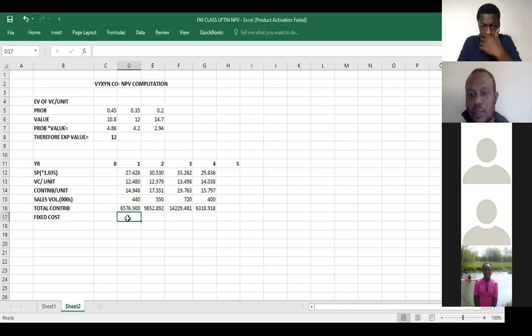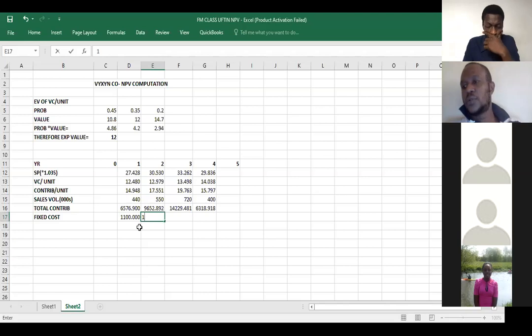Our fixed cost is 1100. Then the next year, 1121. So we can see that there is an inflation for it.